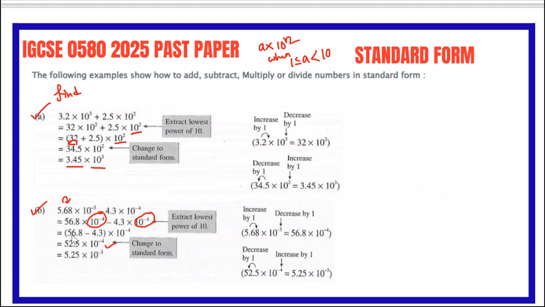That means we move this decimal 1 unit left, which is equivalent to 5.25 times 10 to the power of negative 3. Why? Because we are moving 1 unit left, you have to add 1 to the exponent, which becomes 10 to the power of minus 3. So our final answer is 5.25 times 10 to the power of minus 3.